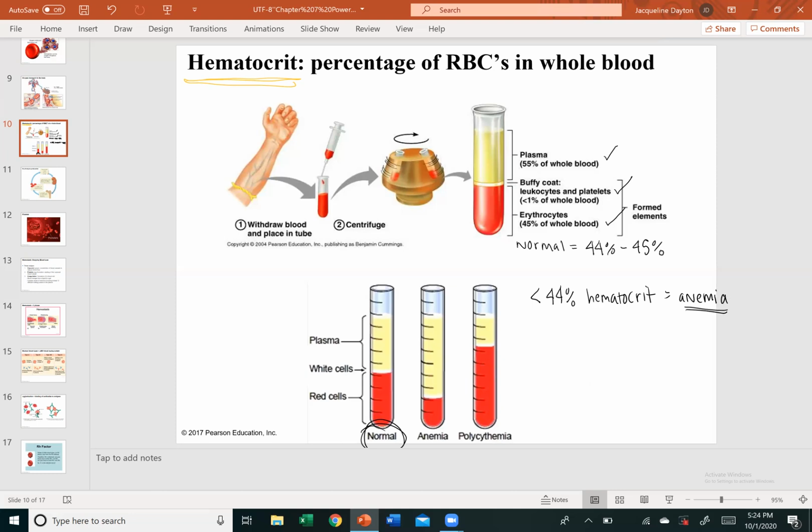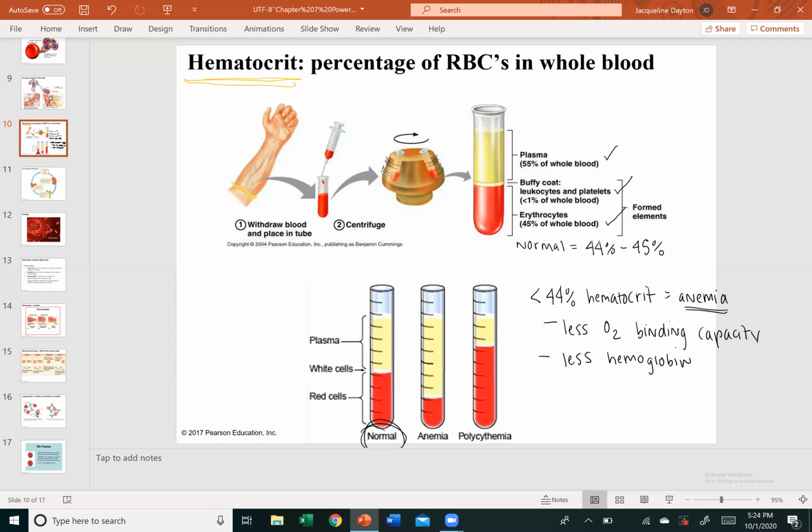Okay, so anemia is when your red blood cell count falls below 44%. So what does this mean on a larger scale? That means that you have less ability to bind oxygen. So you have less O2 binding capacity. Okay, and this is because you have fewer red blood cells and therefore less hemoglobin to bind.